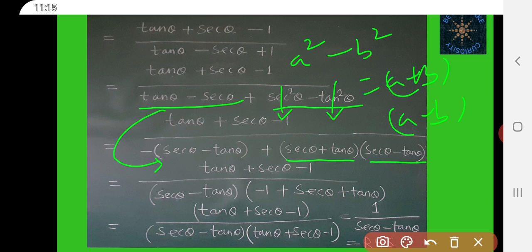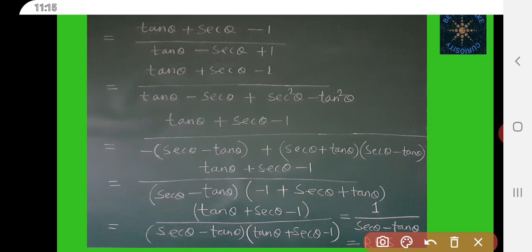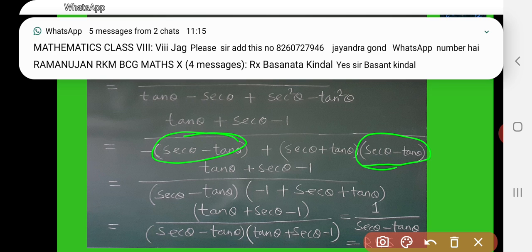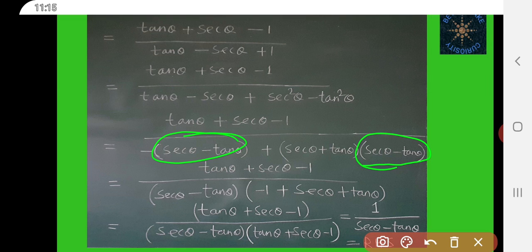Then the denominator remains the same. In the denominator, sec theta minus tan theta is common, so you take it common.